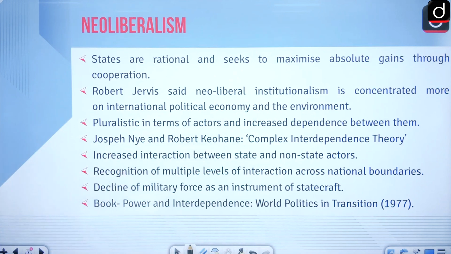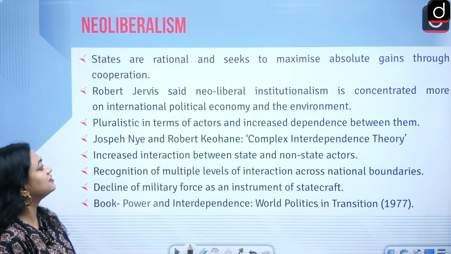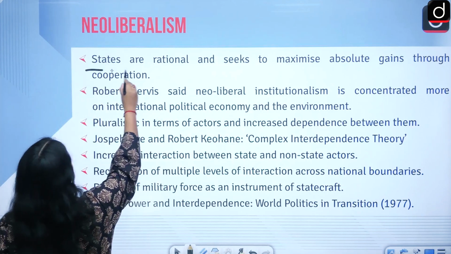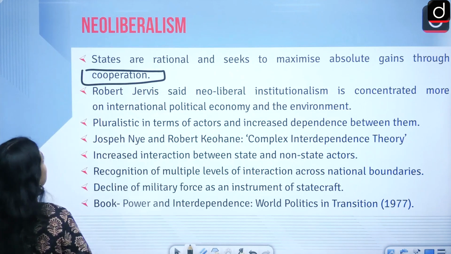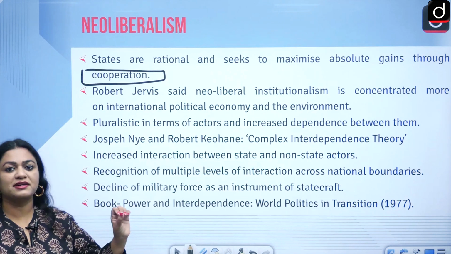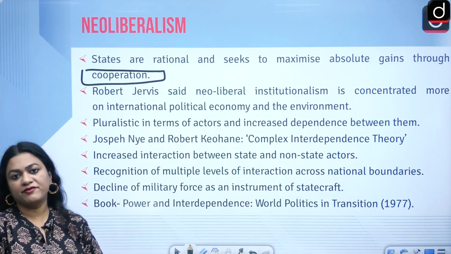Now here you can see that states are rational actors and seek to maximize absolute gains through cooperation. So cooperation is the key principle here. Okay. Now, an eminent scholar, Robert Jervis, said that neoliberal institutionalism is concentrated more on international political economy and the environment.